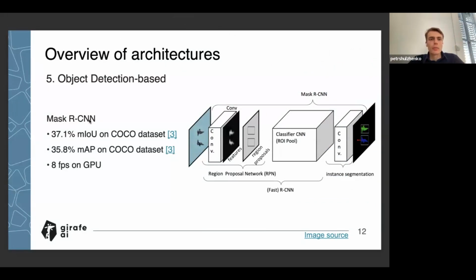The next idea was mainstream for the moment: the idea of detect then segment, because it's pretty natural even for our human vision. I don't know if it's biologically correct or not, but I think it's pretty natural to first detect an object and then segment it.